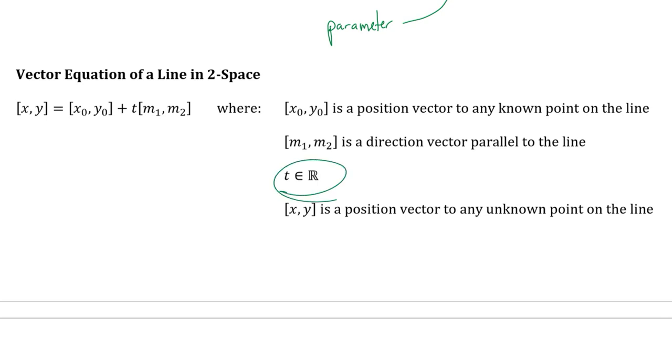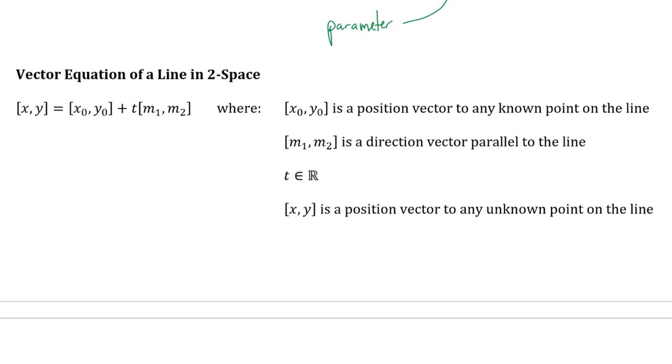T is an element of the real numbers, okay, so that's important, and it's any, so it can be decimals, fractions, obviously integers, positives, negatives, irrational numbers, everything works, okay? And then X, Y, which is the result of adding the two, is the position vector to any point on the line, right?